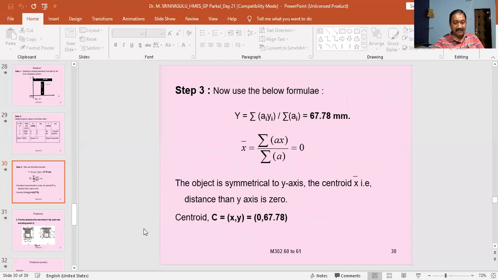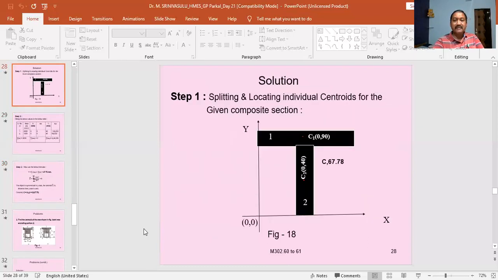So this is very important. From here to here it is acting at a distance of 67.78, and from the top the value will be different. So this is the answer, the x coordinate and y coordinate of the centroid.